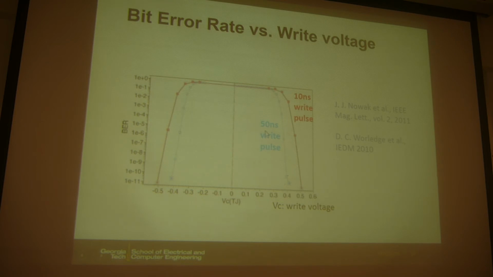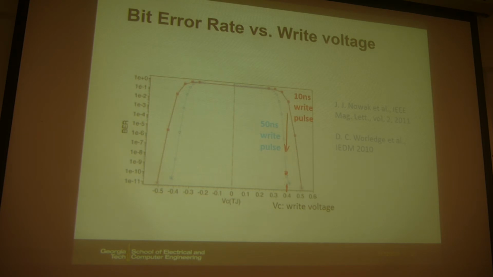Depending on the pulse width, if you use a longer pulse at the same voltage, you will decrease the error rate, because this is due to thermal switching, right? With longer time, you have more chances for the thermal noise to flip it.